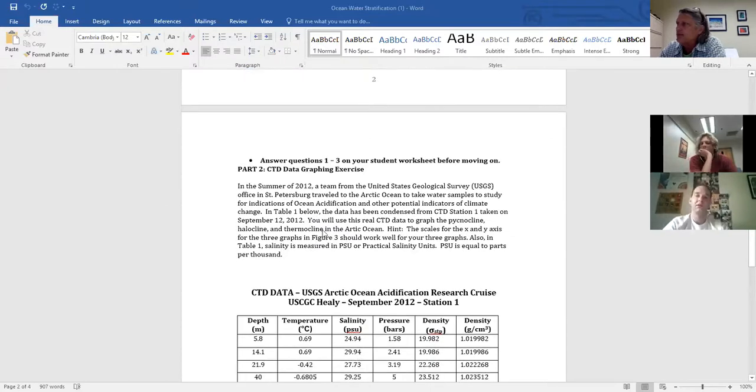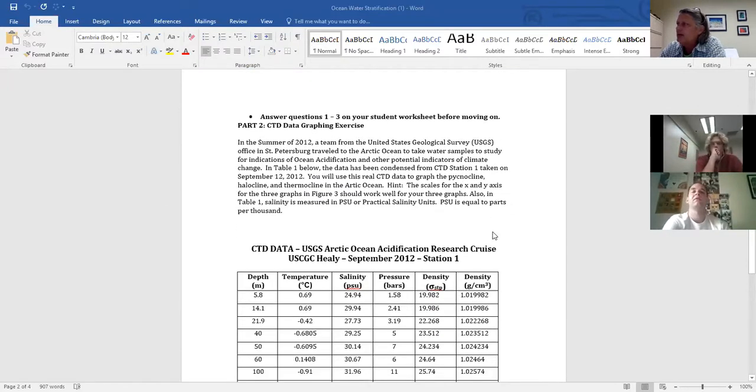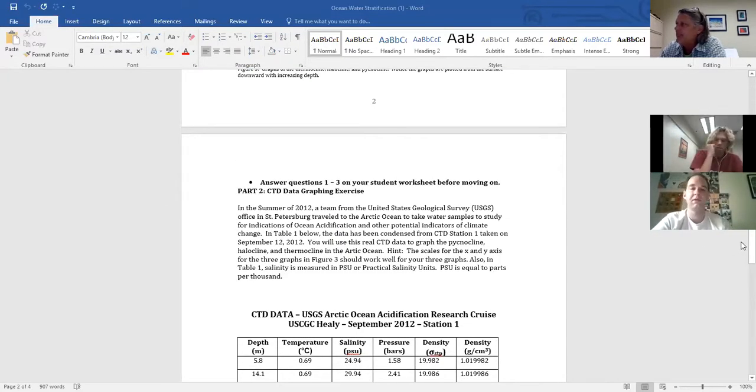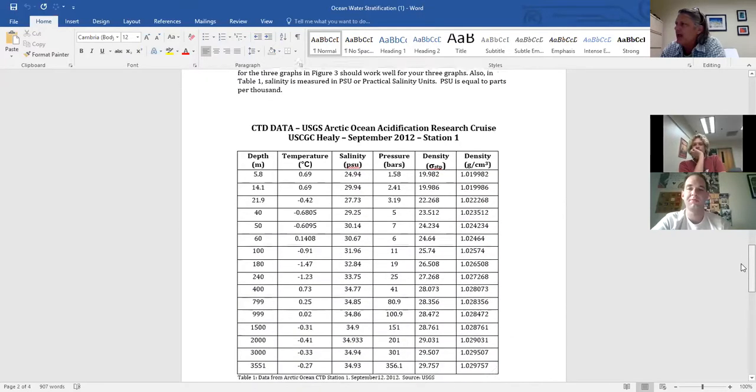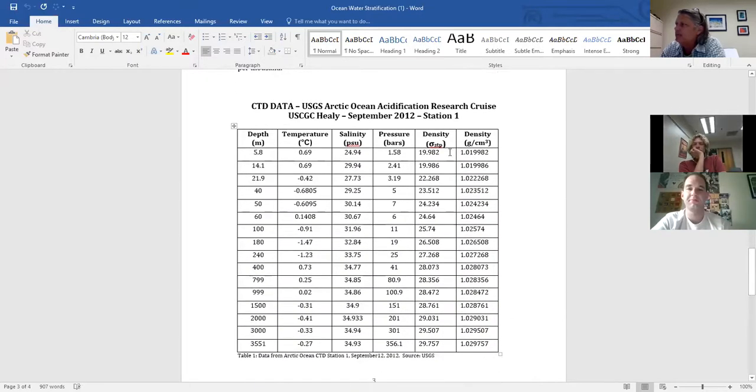All right, so here's the data collected. The apparatus is dropped down, water samples are collected, pressures measured, temperatures measured. And here's the data, which is done by the U.S. Coast Guard vessel, the Healy. This was taken from September.